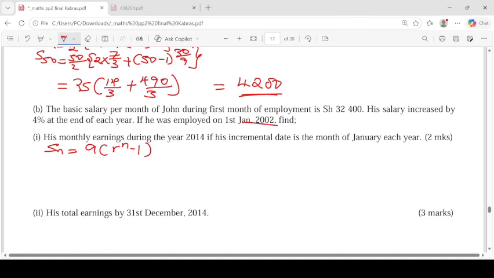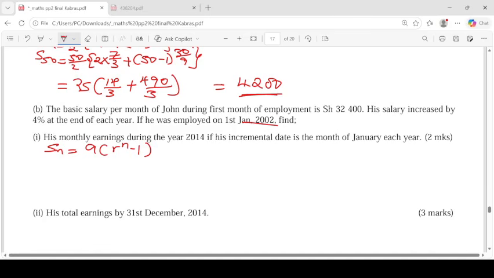32,400. Then we're being told his salary is increased by 4% at the end of each year. What comes to your mind, dear learners? The salary is increasing by 4% each year.